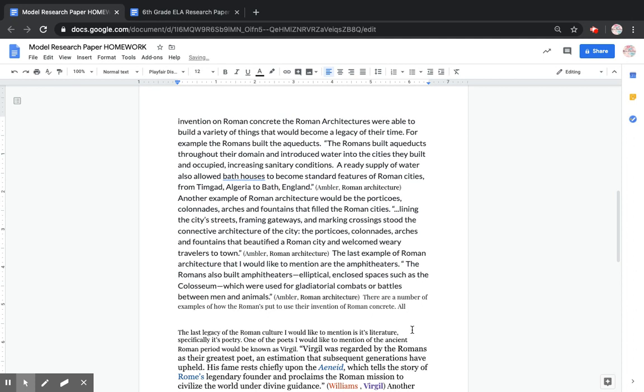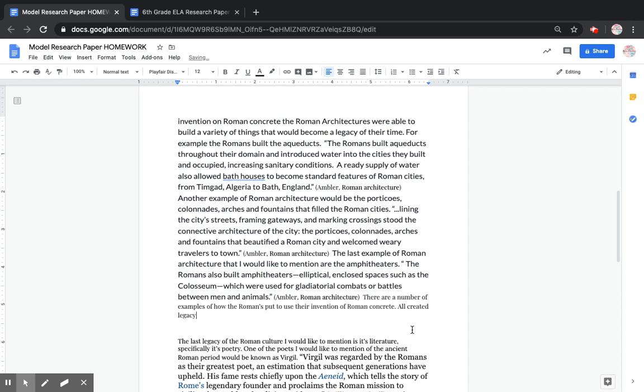All created legacies in architecture from the Roman culture.